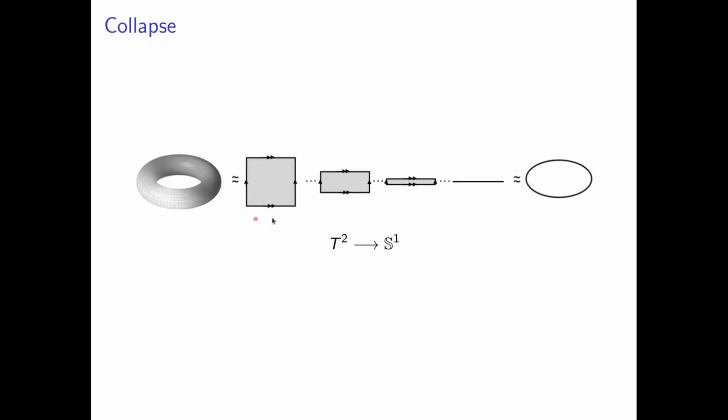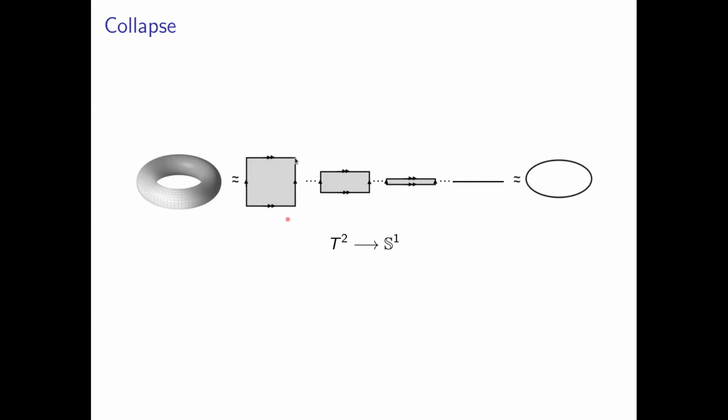So this flat torus, metrically, is S1 cross S1. This is a circle, so all these vertical slices are circles. And then you can start shrinking one of the factors.